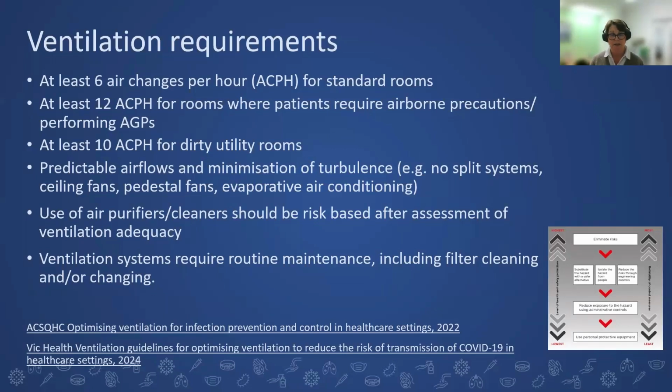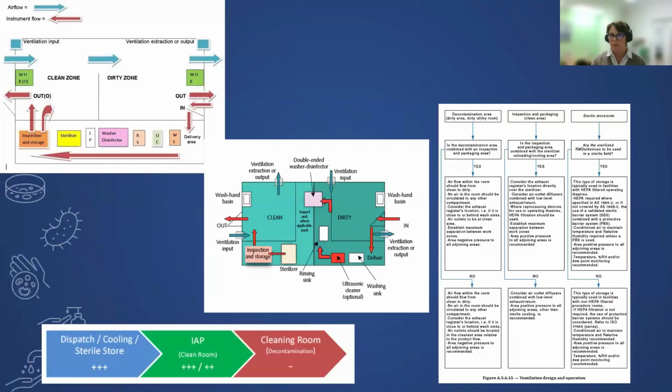And also Vic Health has put out some very good ventilation guidelines online that I found really easy to read and also to apply the principles there. You remember we talked about last week making sure that in our reprocessing and our storage areas, our ventilation system is working towards complying with AS 5369, and that's about airflows from clean to dirty.